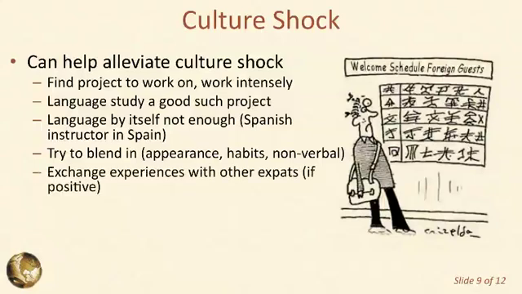Another thing that can be very helpful is if there are other expatriates there, other Americans, for example. That can really help a lot. When I was teaching at a high school in Austria, I happened to meet an American couple there. The wife was also teaching, and the husband was going to medical school in Austria.